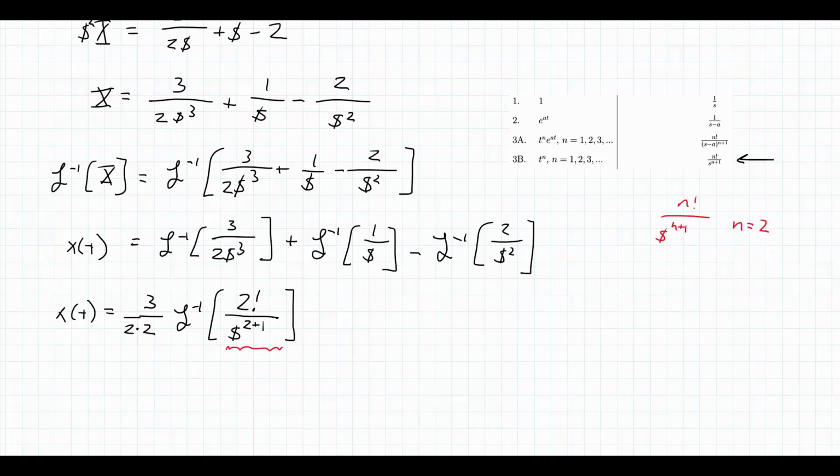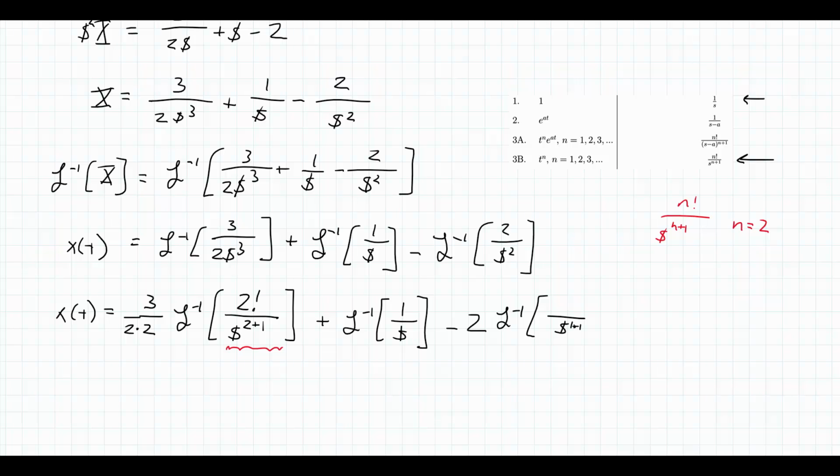That's plus L to the negative 1, or inverse Laplace transform of 1 over s. That actually is just 1 on the table as I go from right to left, so there's nothing to change about that one. Minus, I'll take the 2 on the outside here, and in the denominator I have an s squared, which I can write as s to the 1 plus 1 power.